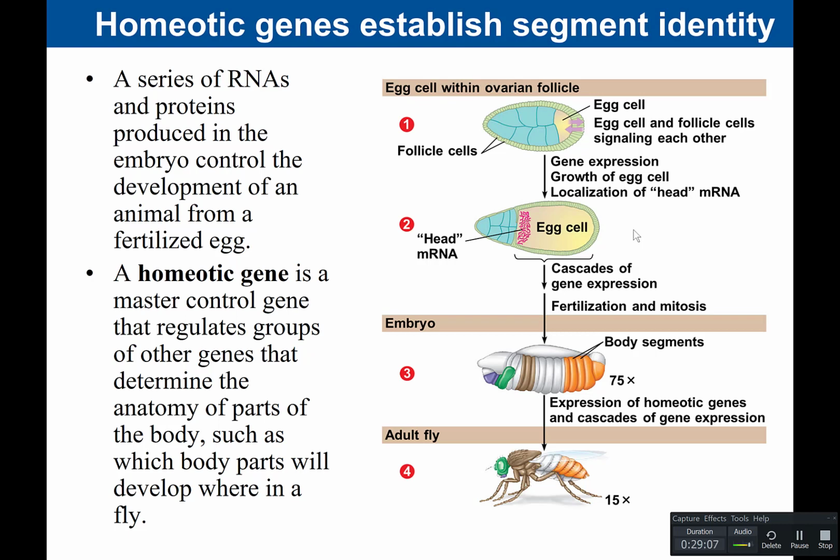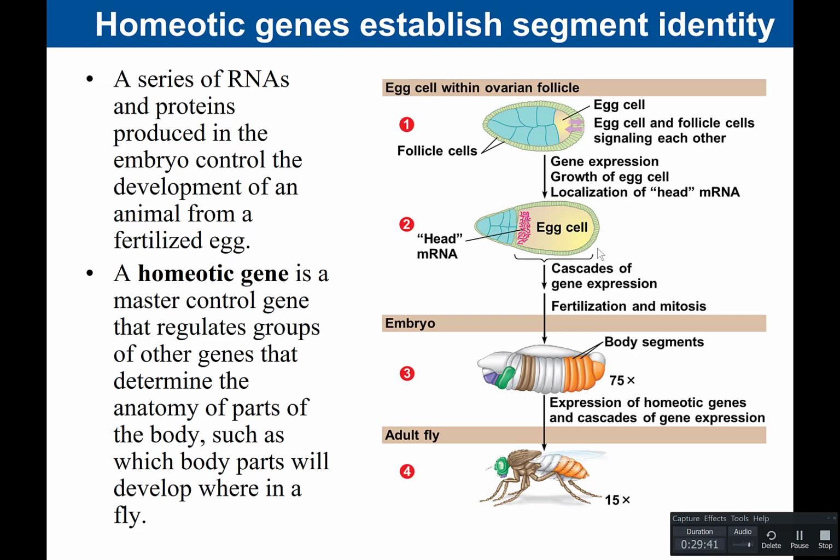Interestingly, normally the head type mRNAs are localized to one end of the embryo, but they found that if they inject it into this side of the embryo as well, they end up with a two-headed fly, because the presence of that mRNA is going to turn on expression of head type genes. So if you put that mRNA in a part where it's not normally found, it's going to turn on expression of genes that form another head. And so you would end up with a two-headed fly.